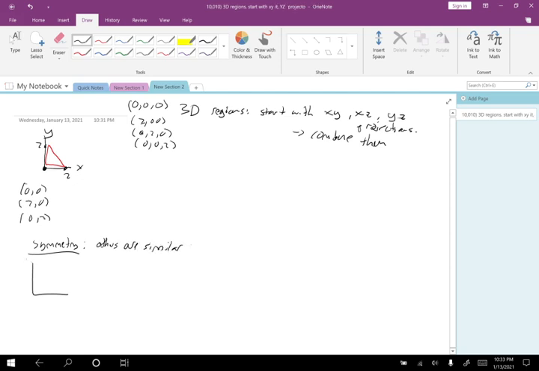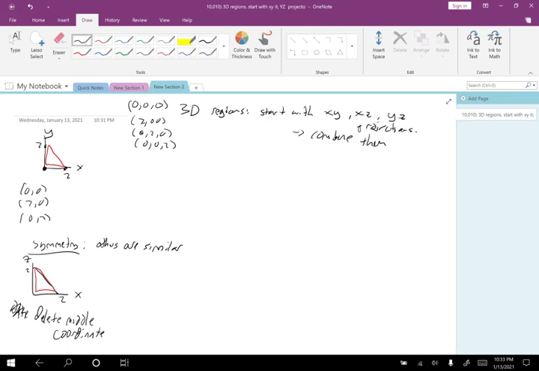So for example, if I wanted to do zx, then really it's the same stuff, right? I would delete the middle coordinate. So we can get 2, 2, and our region is this triangle.